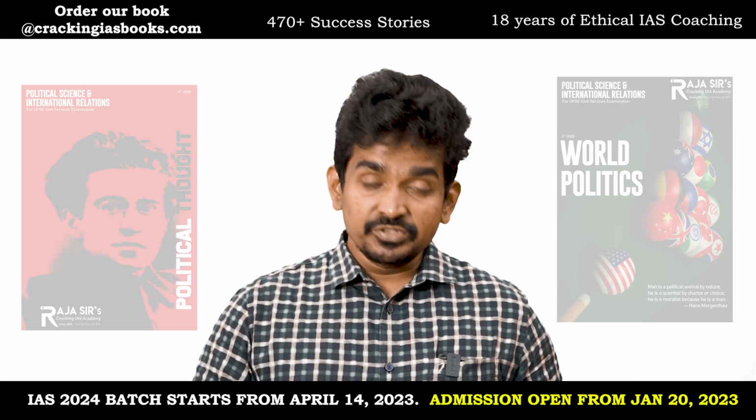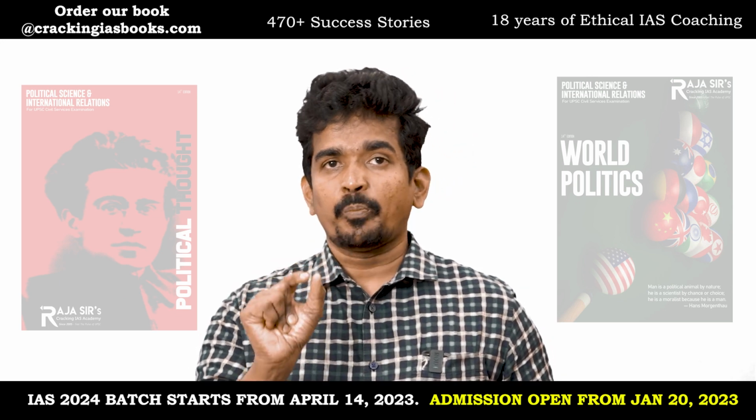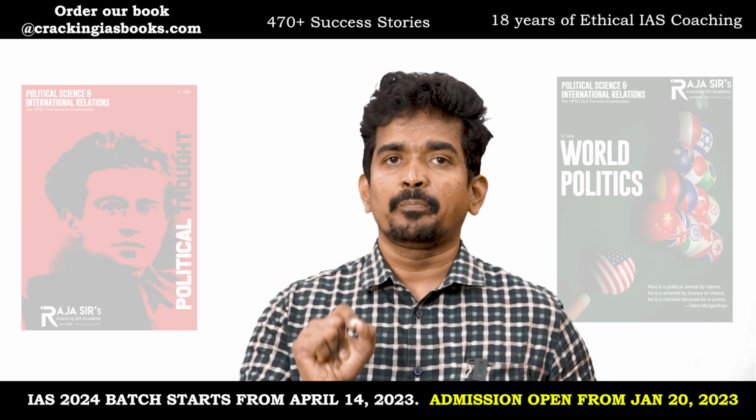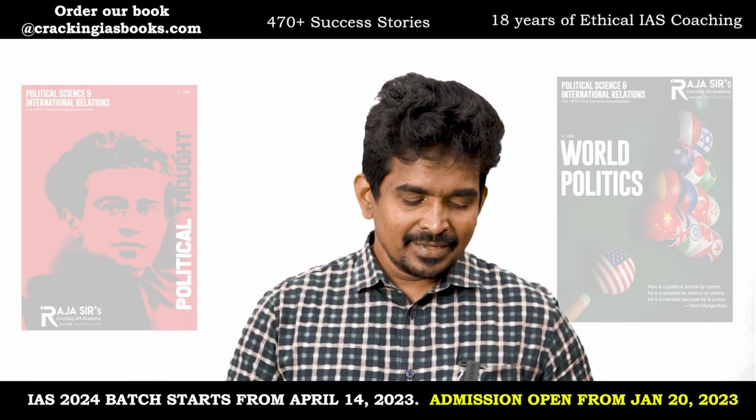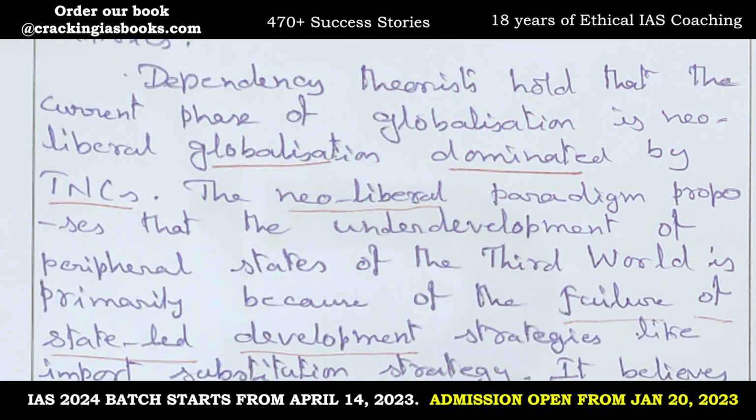Fine. Now, you just see this fourth paragraph I am splitting it into 2 sub points. The first point, dependency theorists hold that the current phase of globalization is neoliberal globalization dominated by transnational corporations, TNCs, dominated by transnational corporations, right?